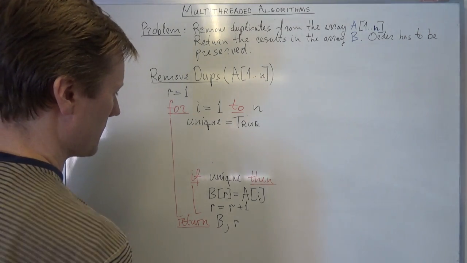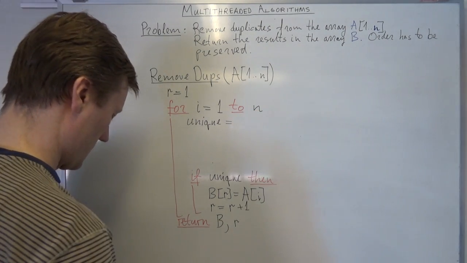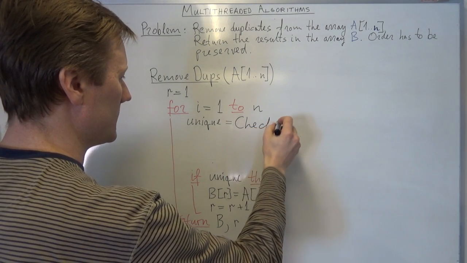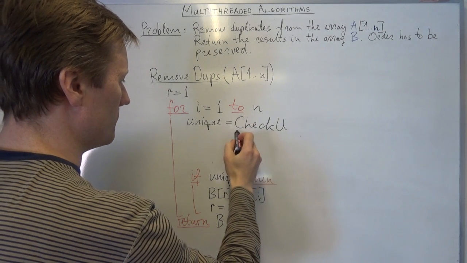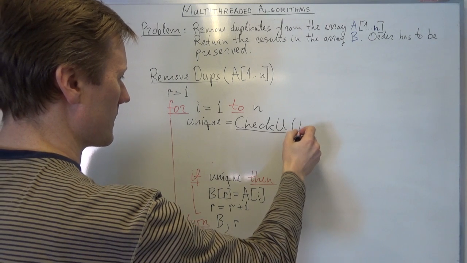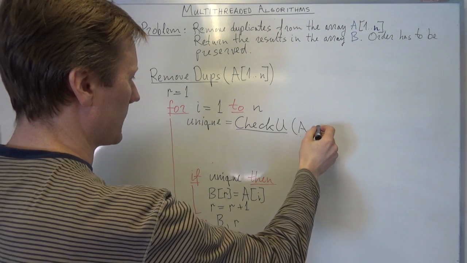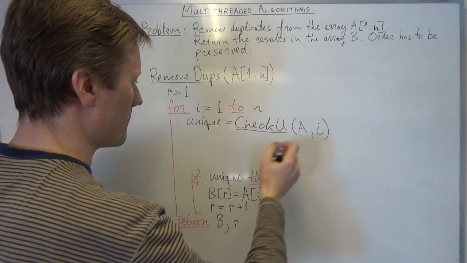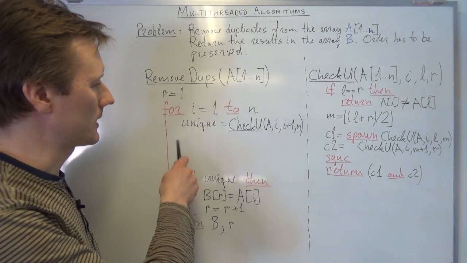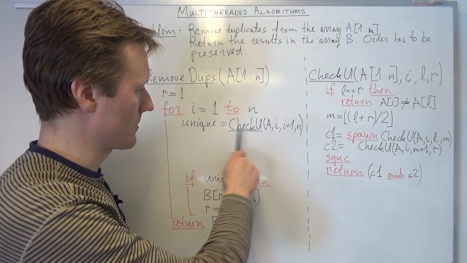Instead of saying unique equals true, I say unique equals the result of a call to the procedure check for uniqueness, let's call it check u, which gets A as a parameter and I as a parameter.